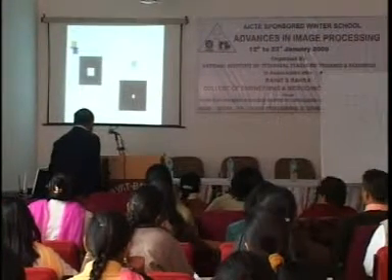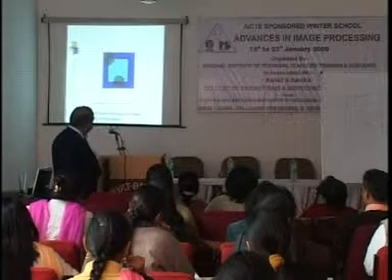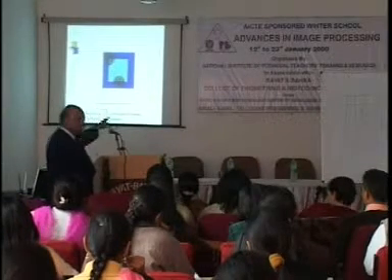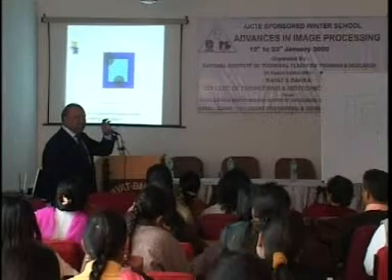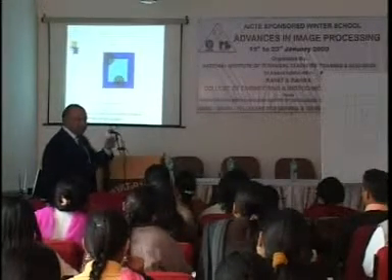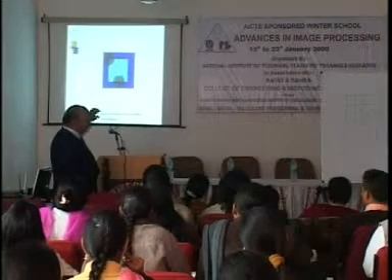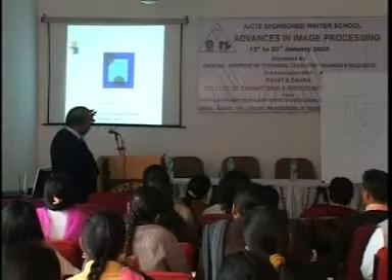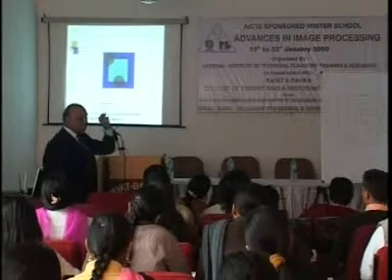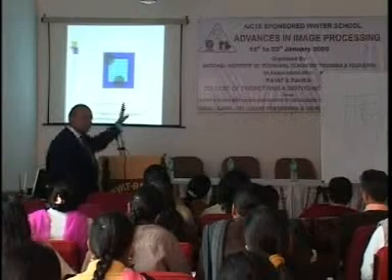Blue is my original image. Blue is the area in the image. This area, if I want to erode by using a disc-like structure, so I will erode that, I will reduce the size of that. If the size of the blue is very small, then by this structuring element this will be removed.